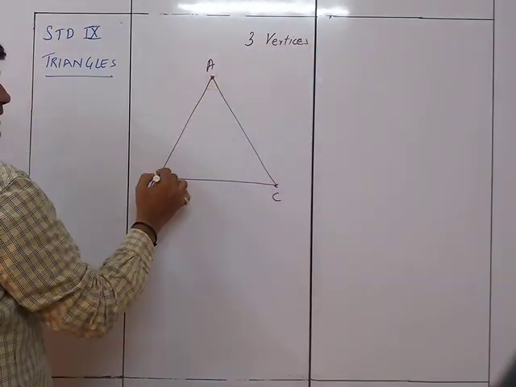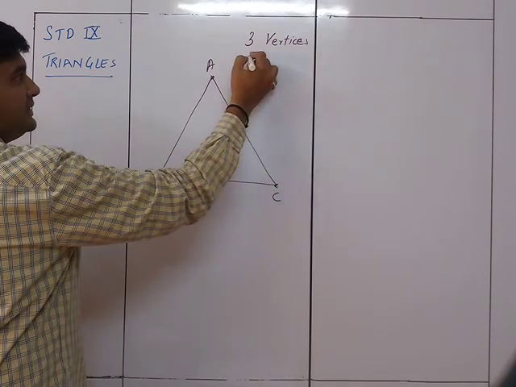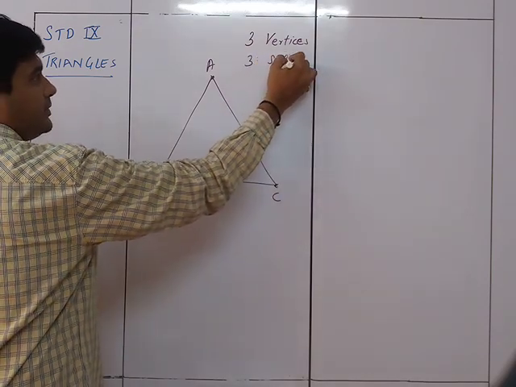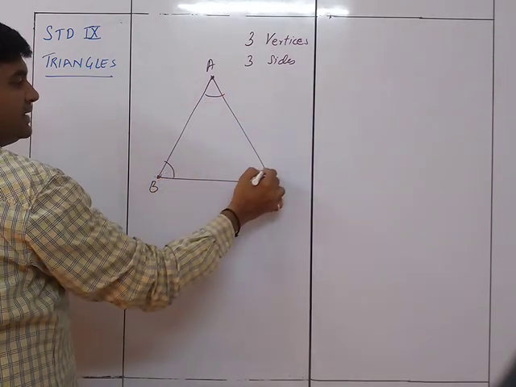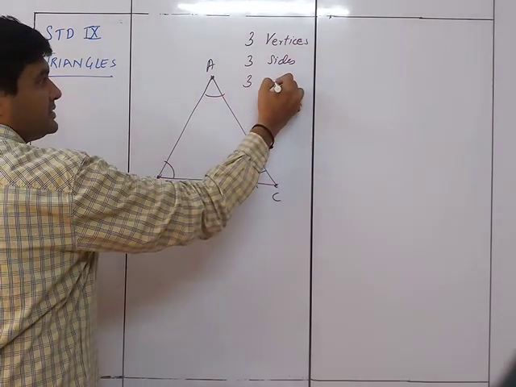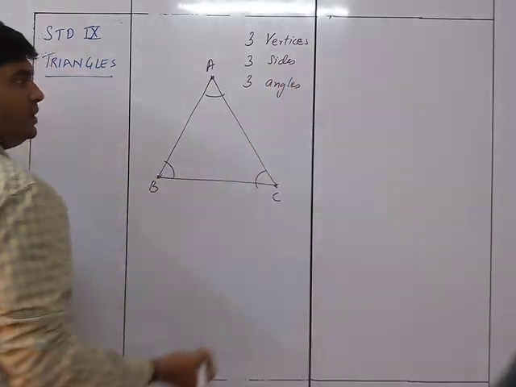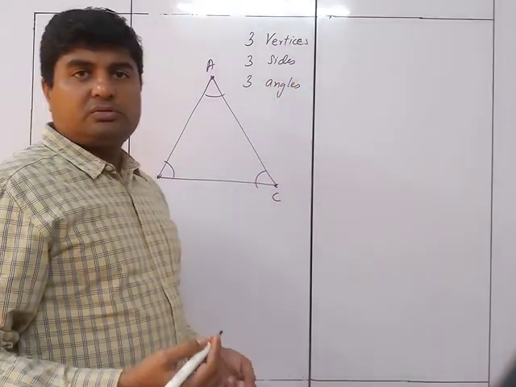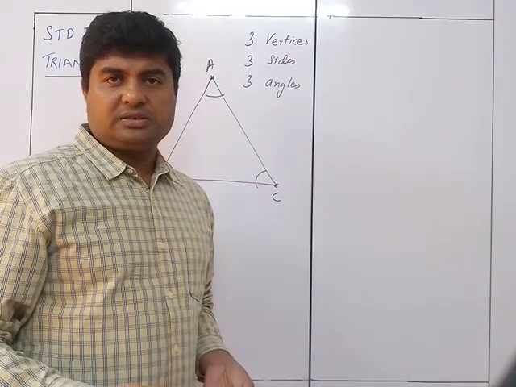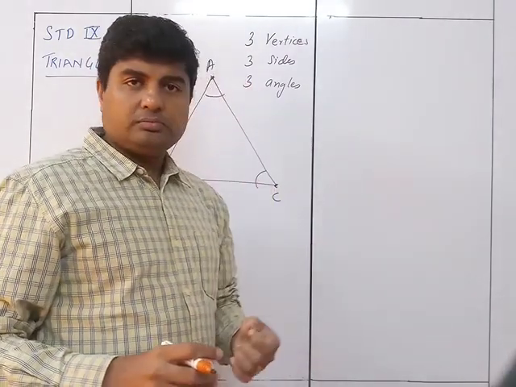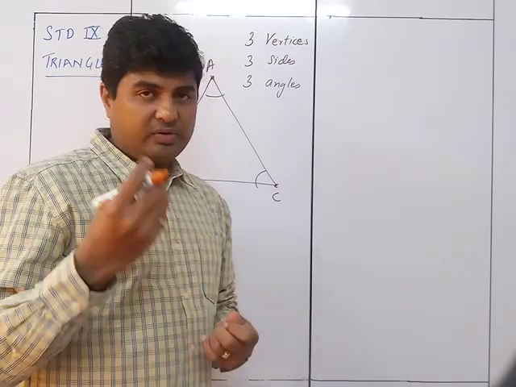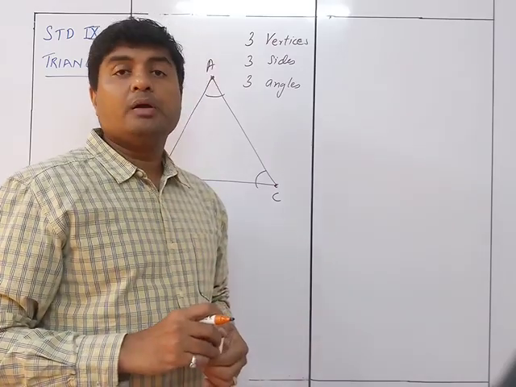Then AB, BC, AC are the three sides, and angle A, angle B and angle C are the three angles. So three sides, three angles and three vertices is what the triangle contains, apart from other things which are also there. We'll see it later on.